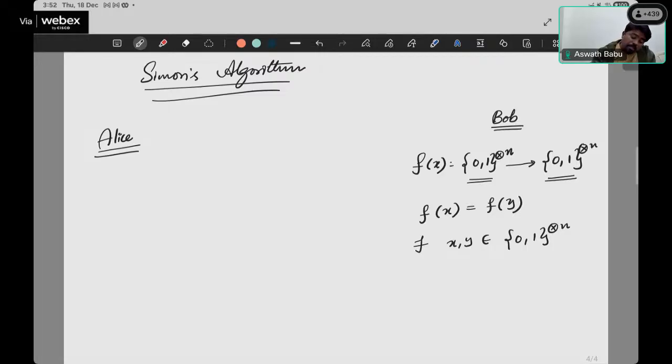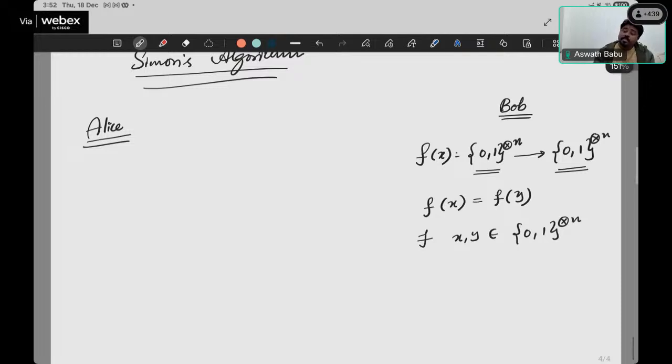And one more thing is, there is an interesting relation between x and y. If you add x to y with addition modulo 2, you are going to get some s. Or you can also say x is equal to y addition modulo s.